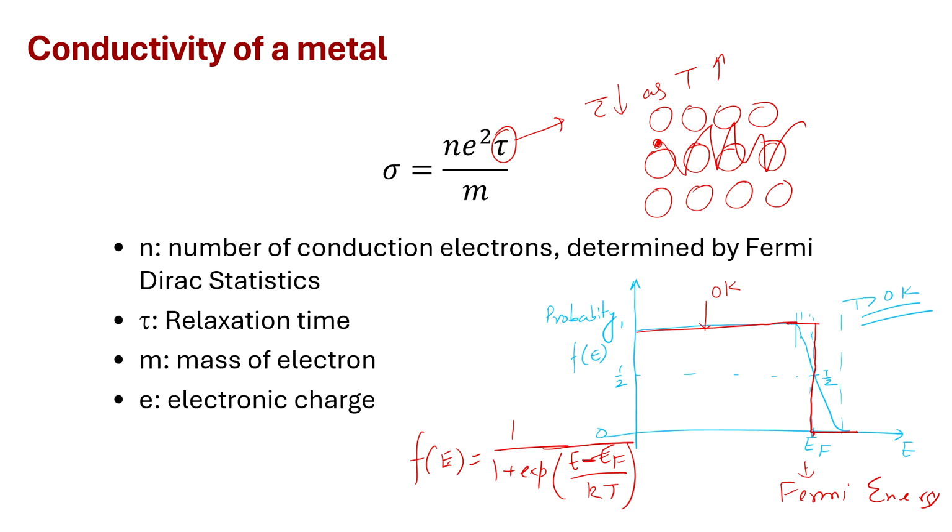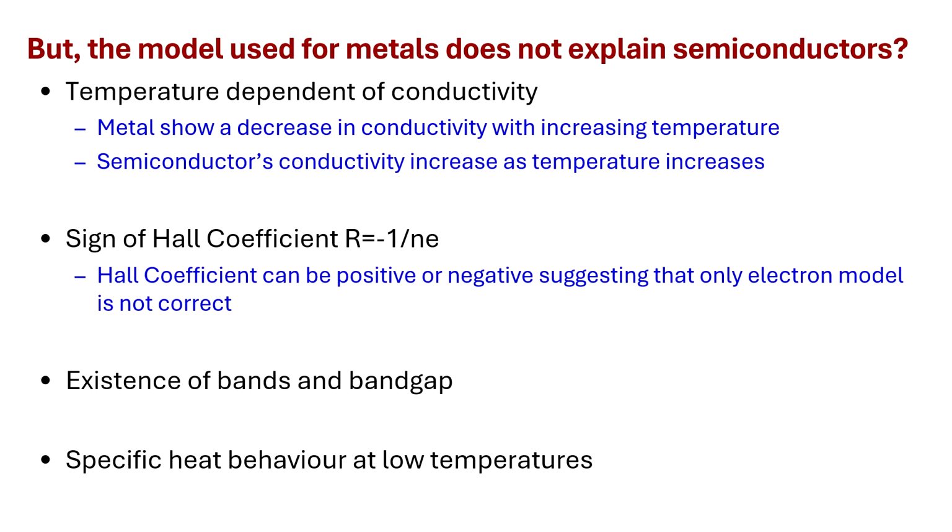So, what was observed was that metals show a decrease in conductivity with increasing temperature, but semiconductors on the other hand show an increase in conductivity as temperature increases, at least in a certain range. So, here σ decreases as temperature increases, here σ increases as temperature increases.